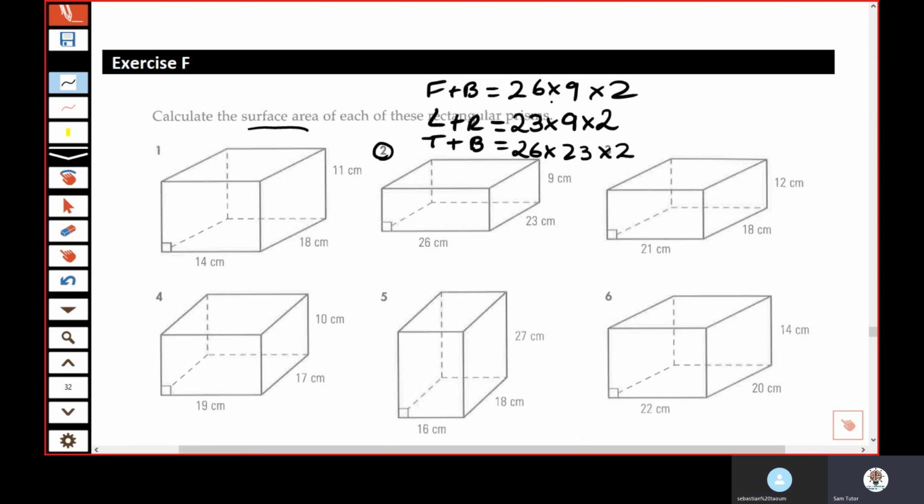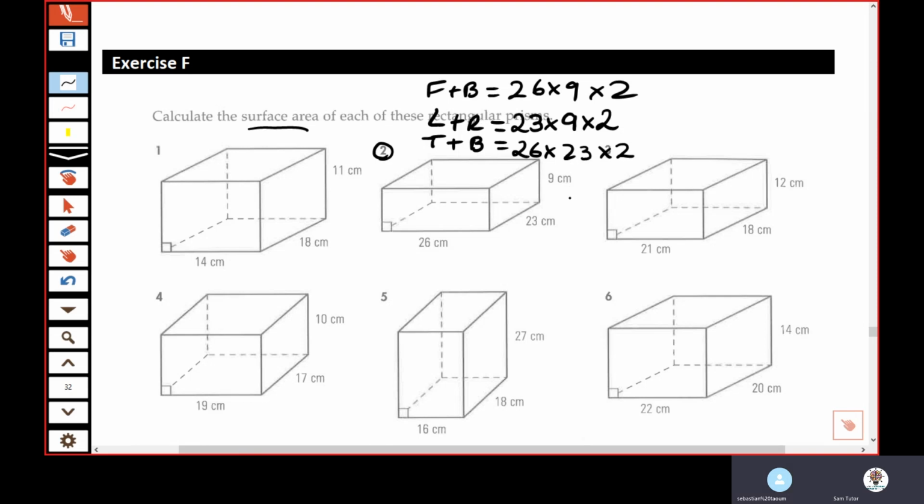And if you look at something, Sebastian, you're just using all the 3 different cases. You're doing 26 times 9, then you did 26 times 23, and the only other thing left is 23 times 9. You're technically doing all 3 cases.